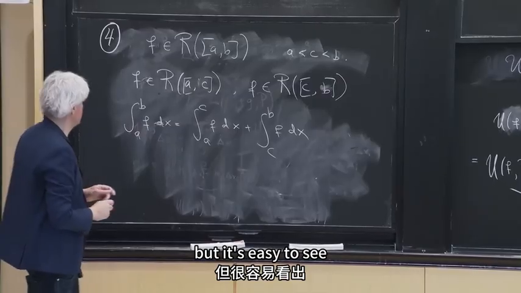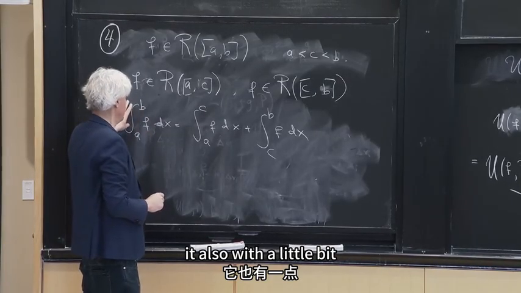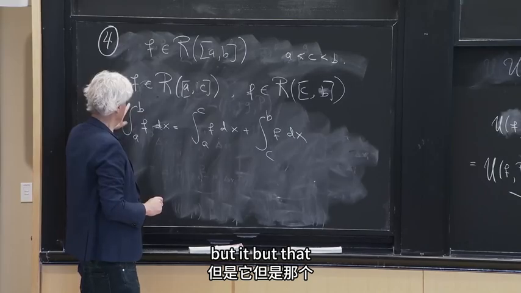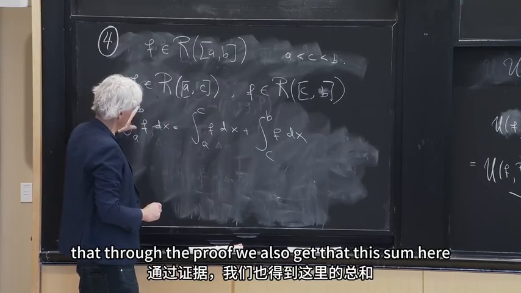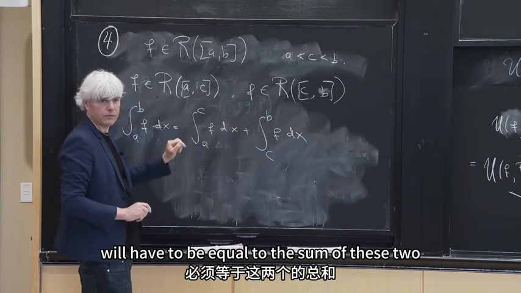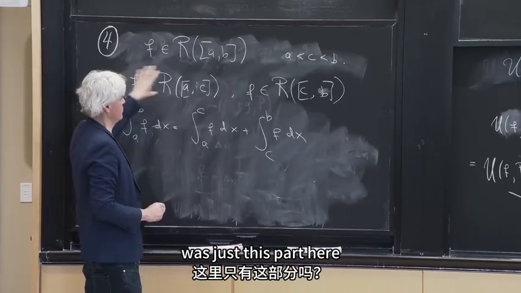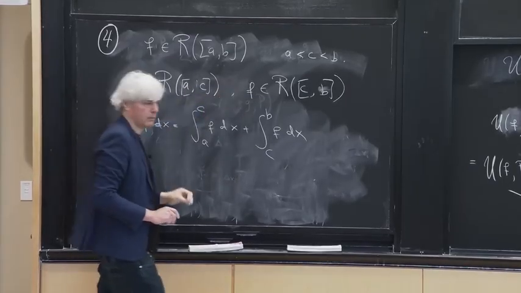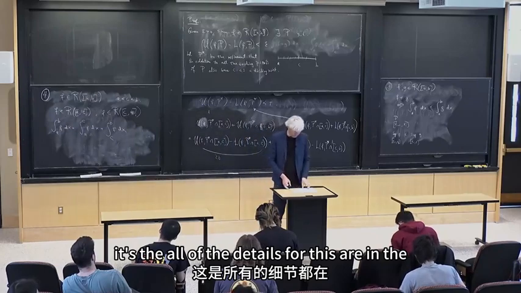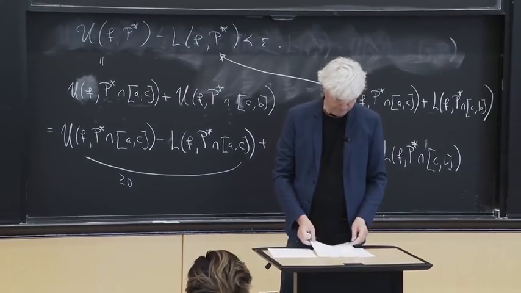But it's easy to see, maybe I'll leave this for you, that through the proof we also get that this sum here will have to be equal to the sum of these two. But technically speaking, what I proved was just this part here. But again, all of the details for this are in the notes.